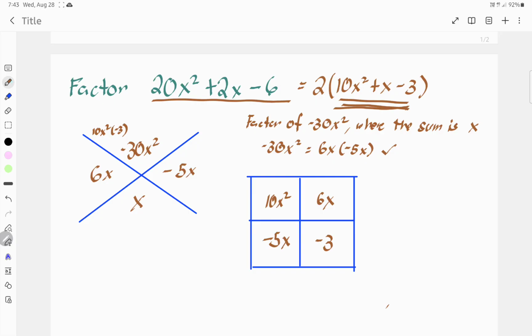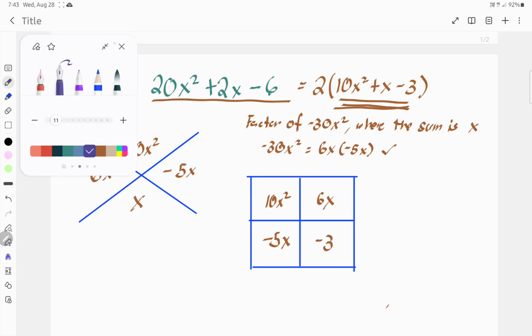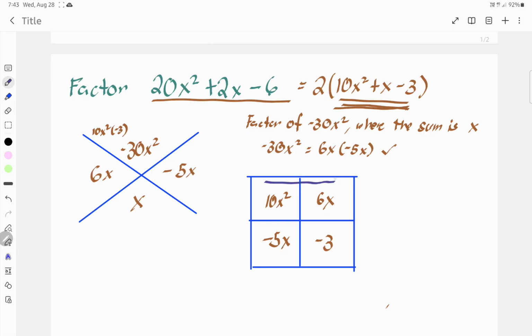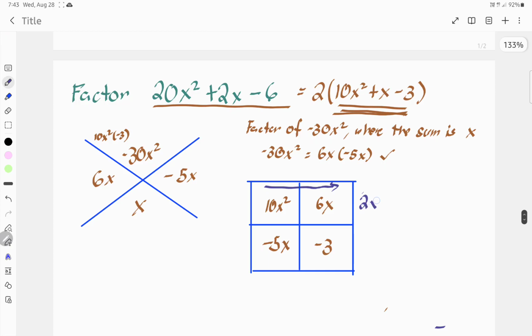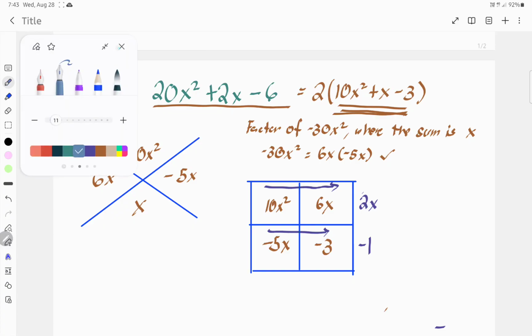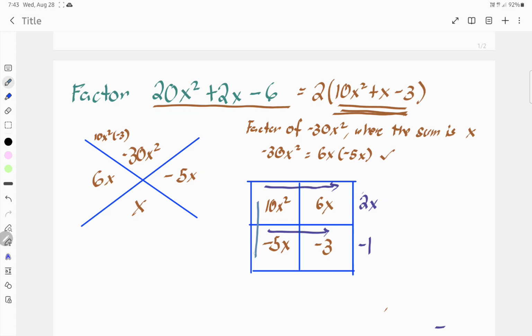Now, doing now the factoring. So, I think we can get 2x here. And then I think what's common to them is negative 1. Now, going down, that will be 5x, I believe. Then going down here, I have now 3.